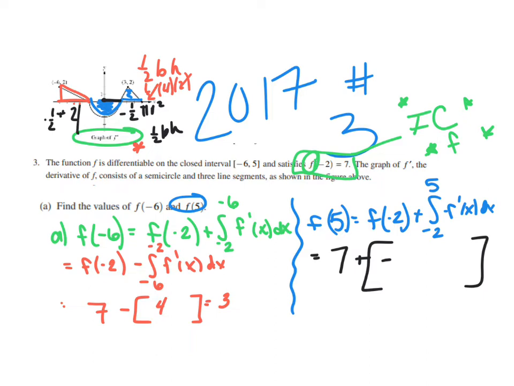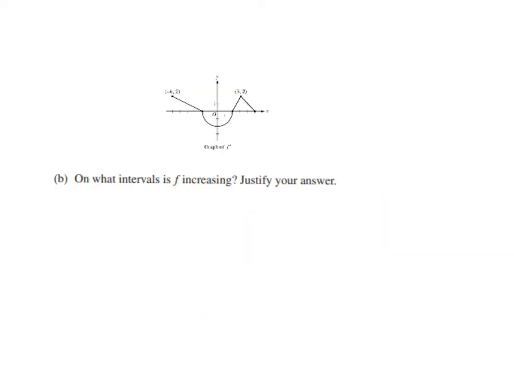So that would be a negative 2 pi. And this triangle is a 1/2, let's see, a base of 3 and a height of 2 would get me an area of 3. So notice how I just kept that second piece in brackets there just to say it's this plus this. So I would say that would be a total of 10 minus 2 pi. And again, I think that's a pretty straightforward question by now.